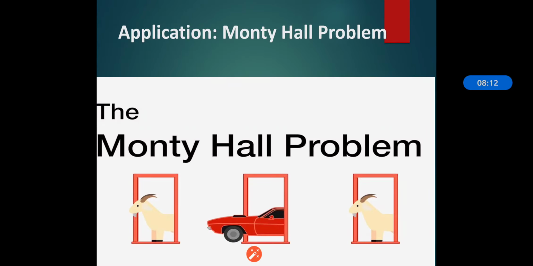A very good example or application is the Monty Hall problem, which we have generally seen on TV, where we have to identify whether a car is present behind a particular door or not. That is the Monty Hall problem, which is a very nice application of graphical models. Here the variables used are D, because the doors are there.